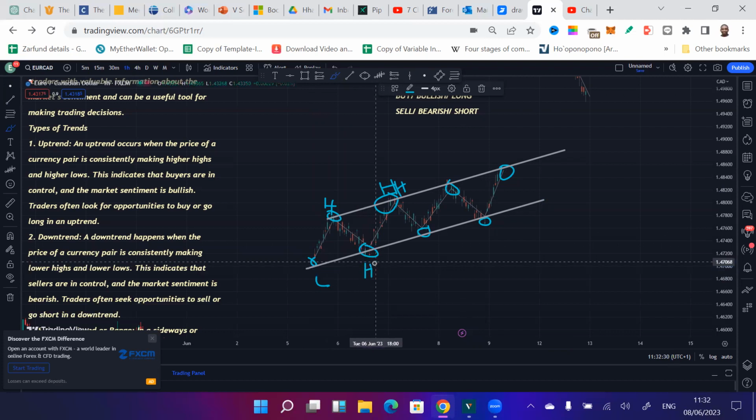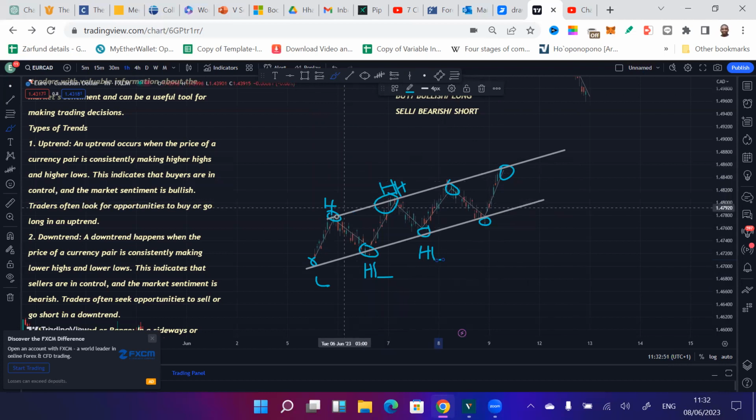Now, this low is also higher than this one, so we call it a higher low. And it continues that way.